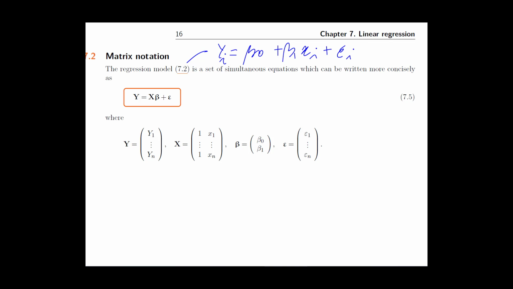In matrix notation, that's going to be 7.5 with these vectors, if you define things like this. Now notice the first column of ones that you need in the matrix X here. It's because you want the beta naught, because you're going to multiply this by beta and then add the term.